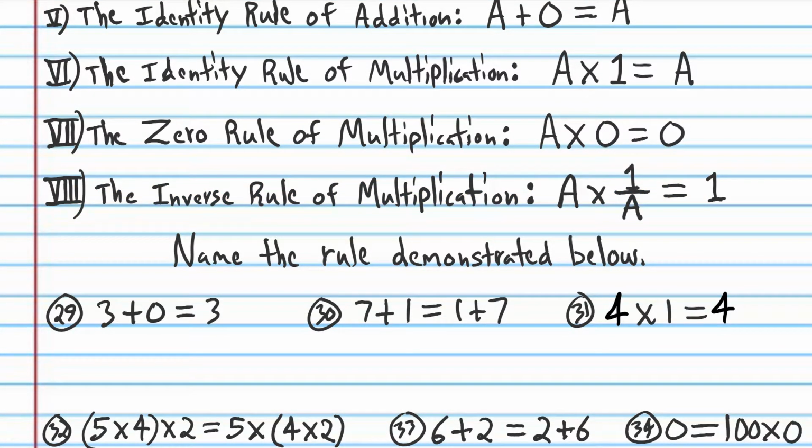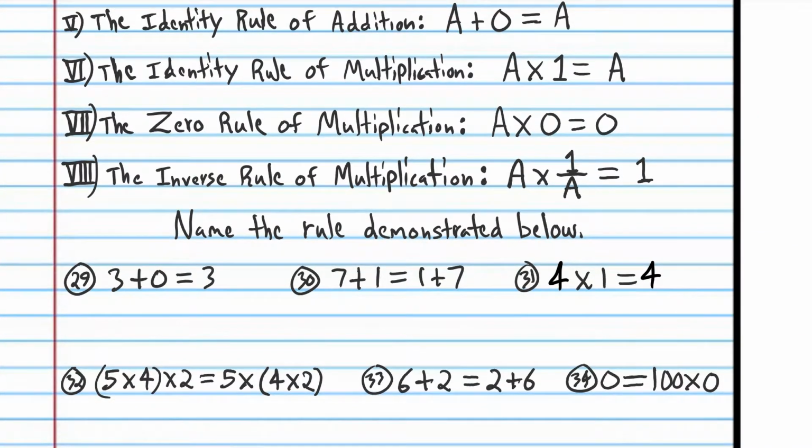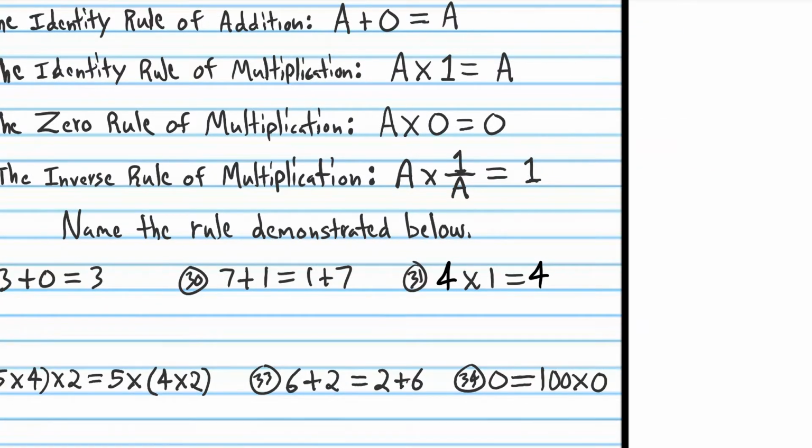So this rule says that if you multiply a number by its inverse, you get 1. So let me explain it this way. This number a, remember, you can consider it to be a whole number, even though it doesn't have to be a whole number.